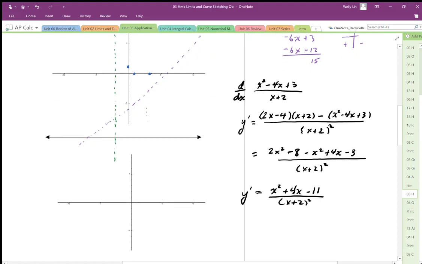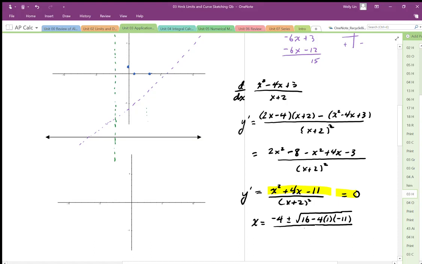Okay, so then I'm going to find where the derivative is equal to 0, so I'm going to solve the numerator. So this is not a factorable numerator, so I'm just going to plug it into the quadratic formula. So my solution for my derivative is going to be x is equal to negative 4 plus minus square root of 16 minus 4 times 1 times negative 11. So that's 16 plus 44.